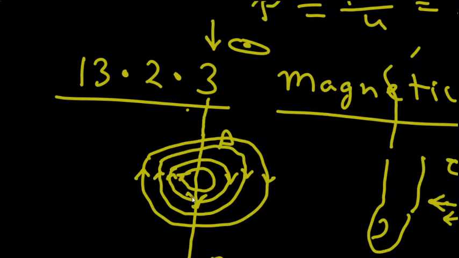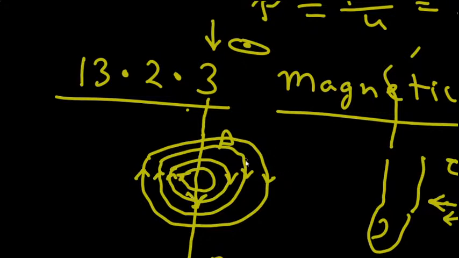I see that the thumb is pointing downwards and the fingers are curling in a clockwise direction. Everybody understood? So when they ask you such a question, you should tell clockwise or anti-clockwise, and you'll always be looking at your thumb from behind only.